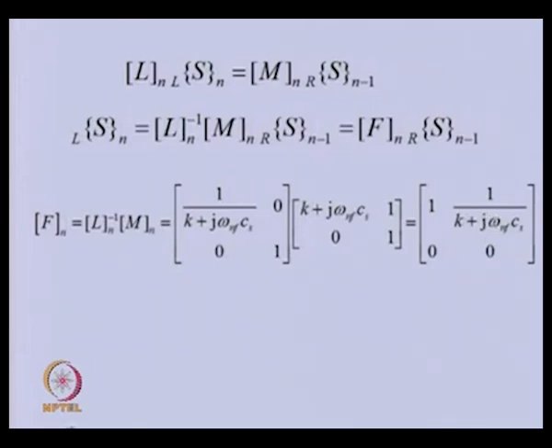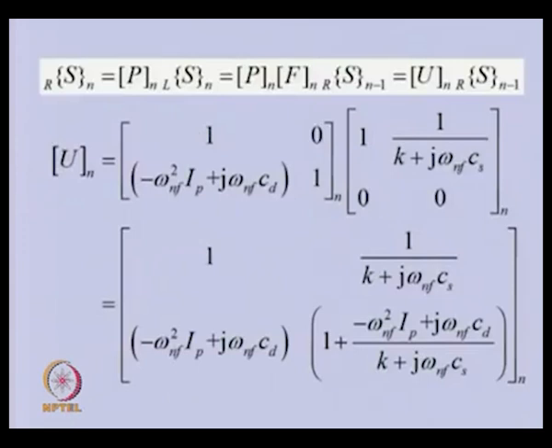So, once we have obtained the field matrix and the point matrix, we can get the transfer matrix. This is the point matrix relation, and if we substitute the previous expression which includes the field matrix, we can relate the state vector right of the nth disk and right of the n minus 1 disk.